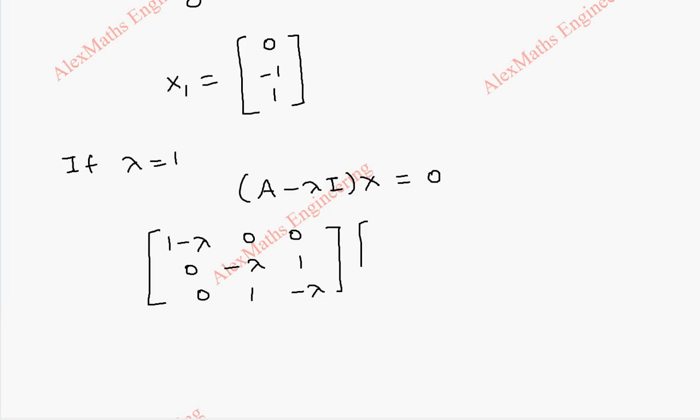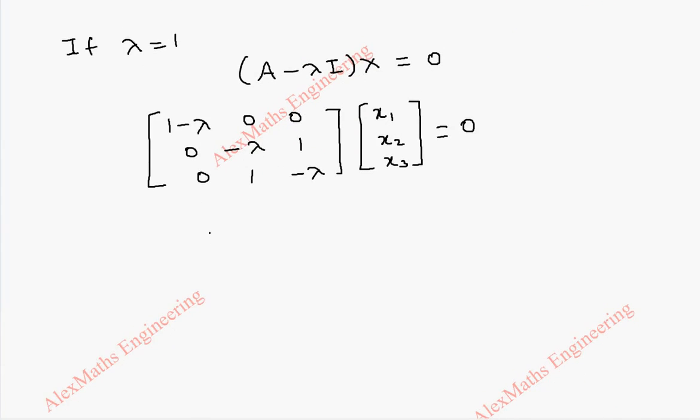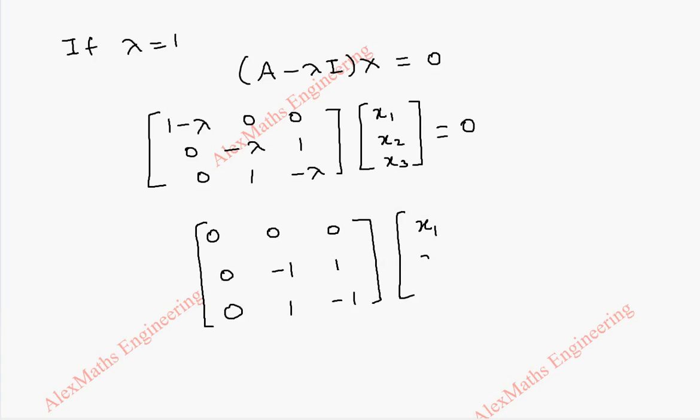This whole value into x, which is x1, x2, x3, is equal to 0. Now we are going to take 1 for lambda. So 0, 0, 0, then 0, minus 1, 1, then 0, 1 and minus 1. So this whole thing into x1, x2, x3 is equal to 0.